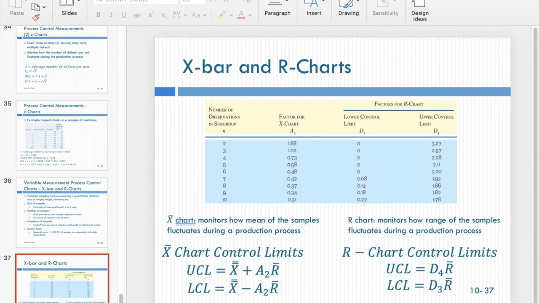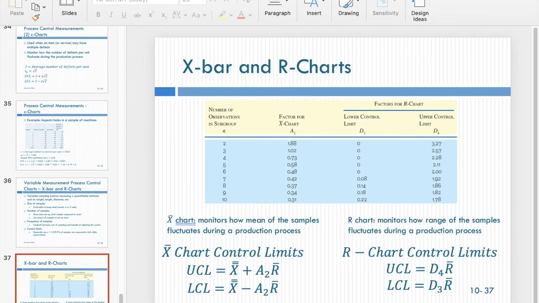In statistical analysis, we are always interested in the mean and the range, right? But X bar chart and R chart correspond to different things. X bar chart monitors how the mean of the sample fluctuates, and R chart monitors how the range of the different samples fluctuates during the production process.